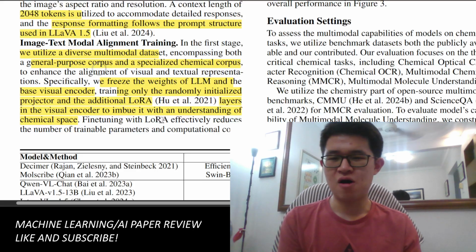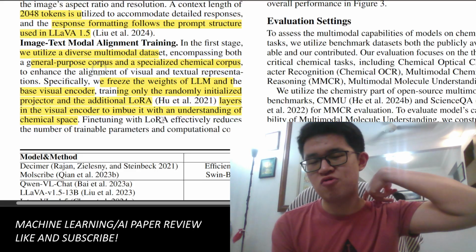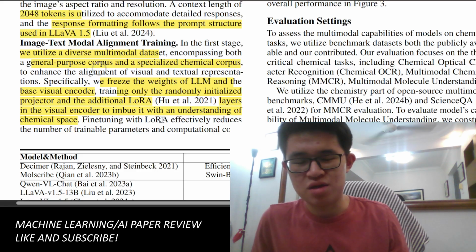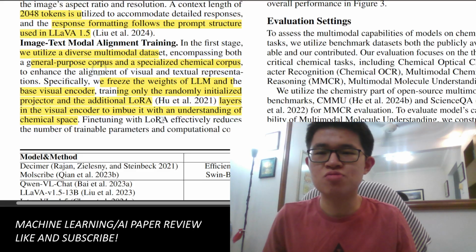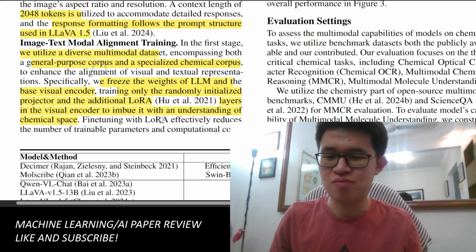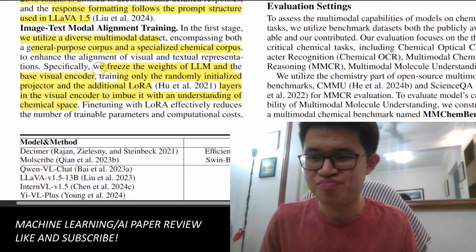If you use low rank adaptation, it enables you to fine tune those models without breaking your computer and your wallet.